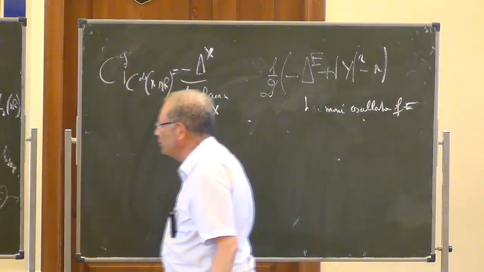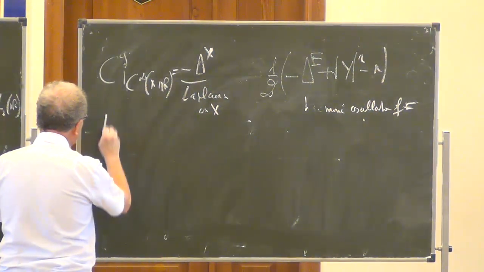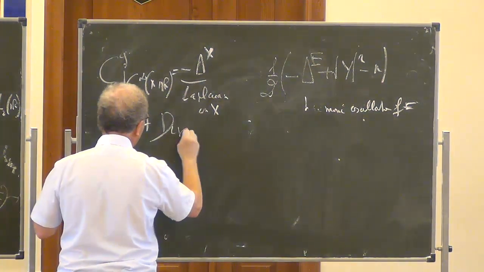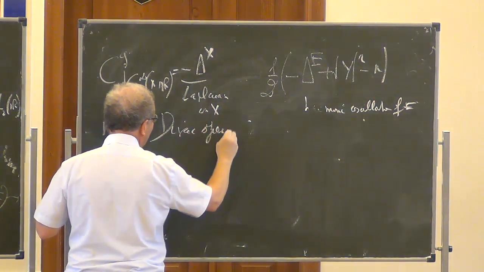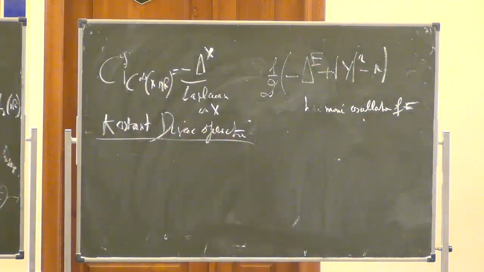Now the final thing I'm going to say is that I will introduce the constant Dirac operator. You see, our purpose is to compute the trace of the heat kernel on functions.